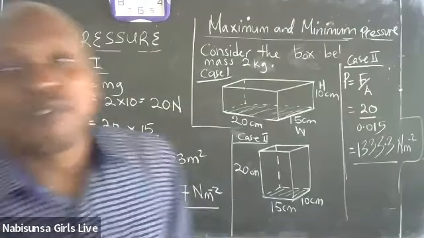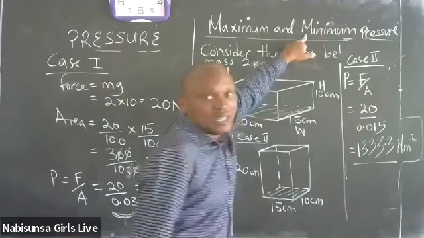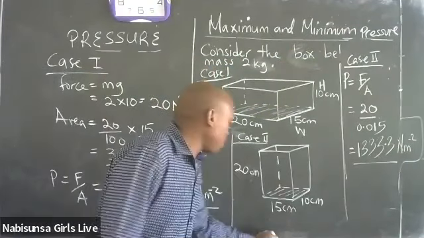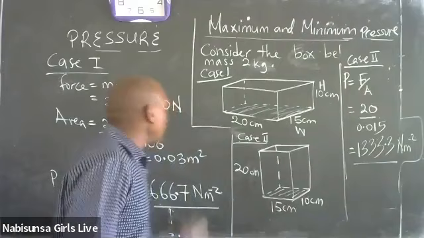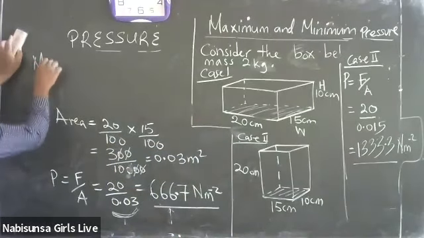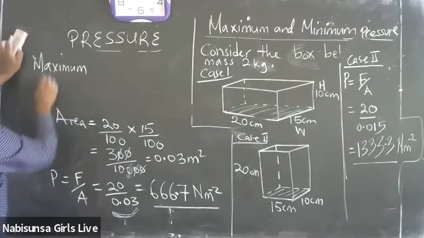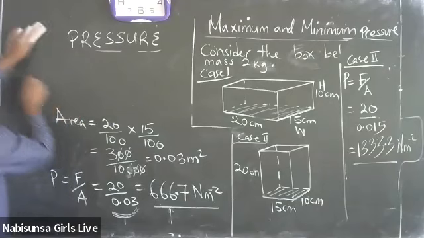Therefore, we are now going to come up with our formulas for maximum and minimum pressure. That's how we come to maximum and minimum pressure. How are we going to write them? Let me write it like this.